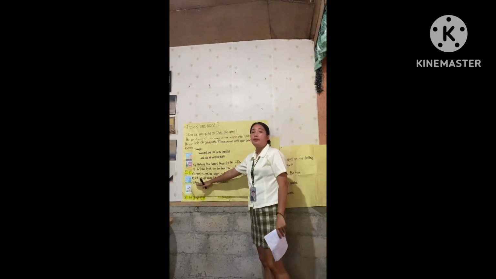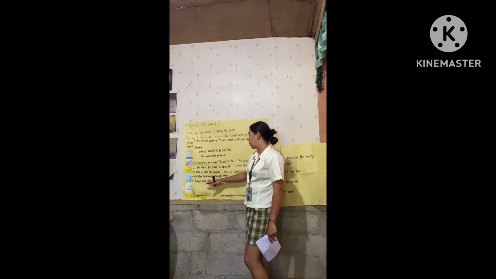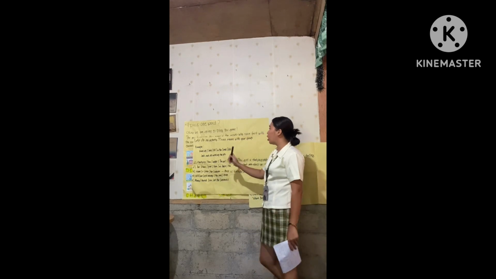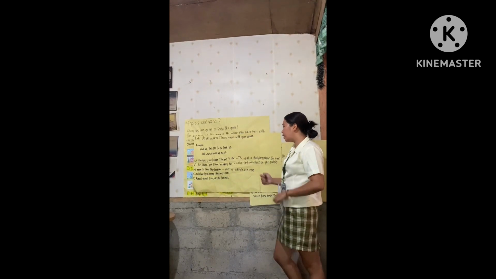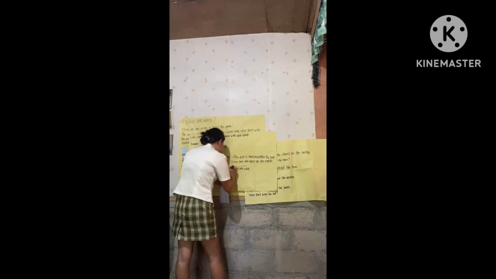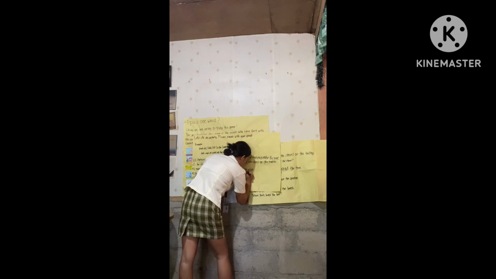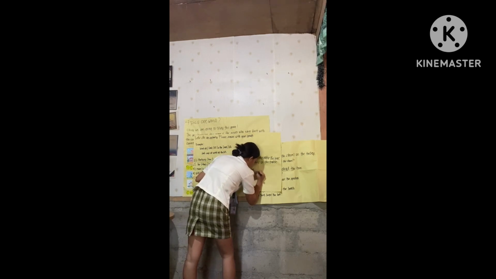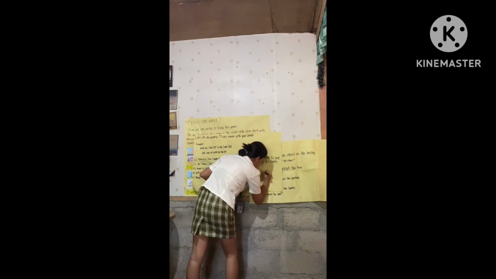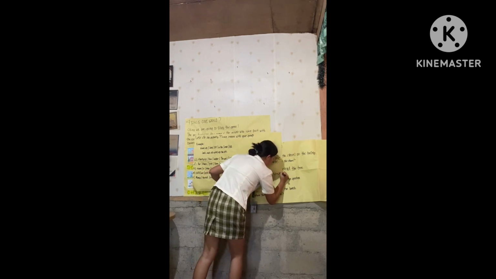Number 4, kindly read, Grace. Will, we, get, energy, the, sun, from. Okay, so when we form it into one sentence, what is that? We will get energy from the sun. Okay. We will get energy from the sun.